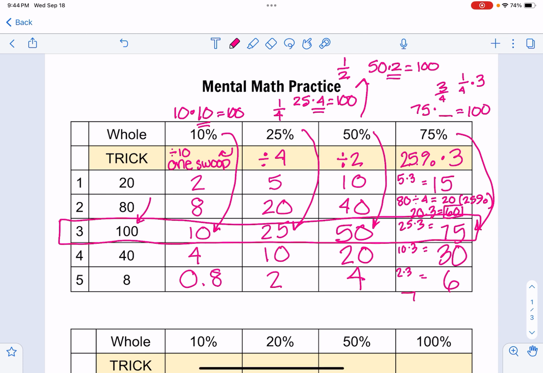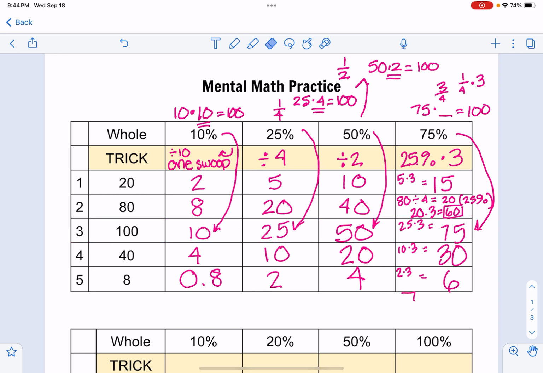So 10% of 100 is 10, 25% of 100 is 25, 50% of 100 is 50, 75% of 100 is 75, because percents are out of 100. So if 100 is your whole, it's just going to be the exact same number.